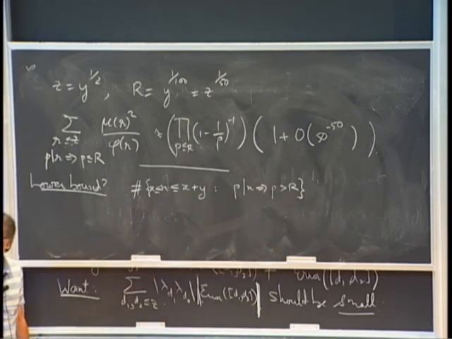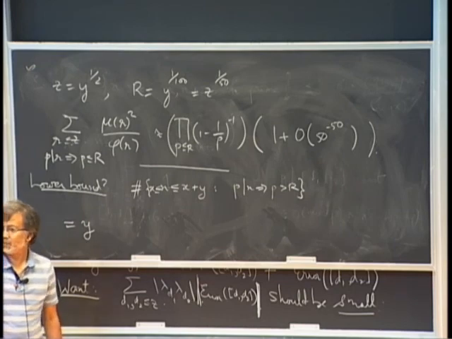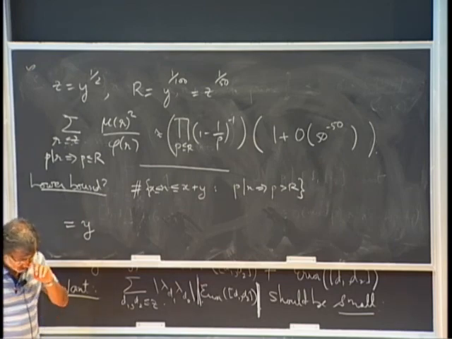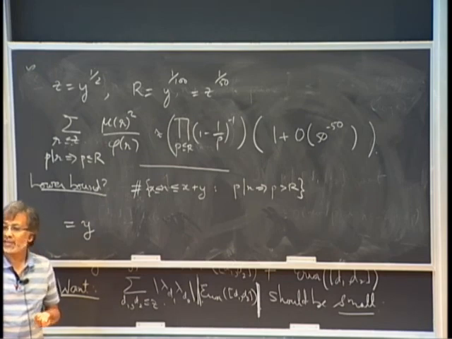This guy. I will just do some kind of inclusion-exclusion. This will be all the numbers up to y minus the numbers that I have to exclude. Okay? Now, what are the numbers that I have to exclude? They are the numbers that have a prime factor which is less than r.